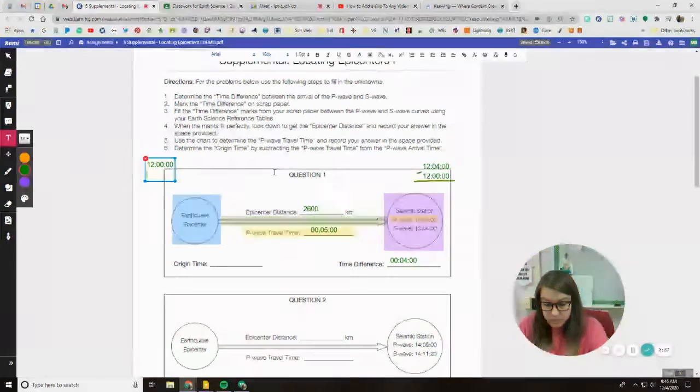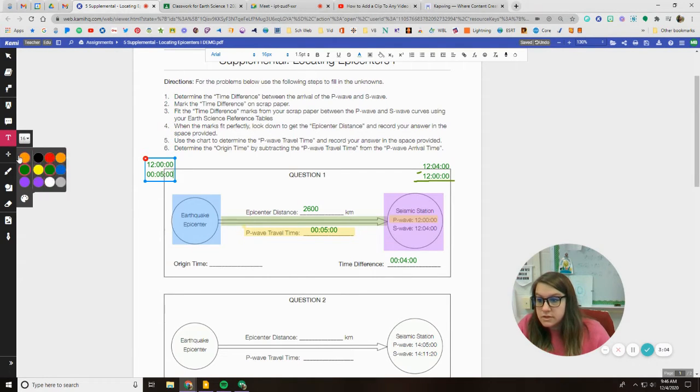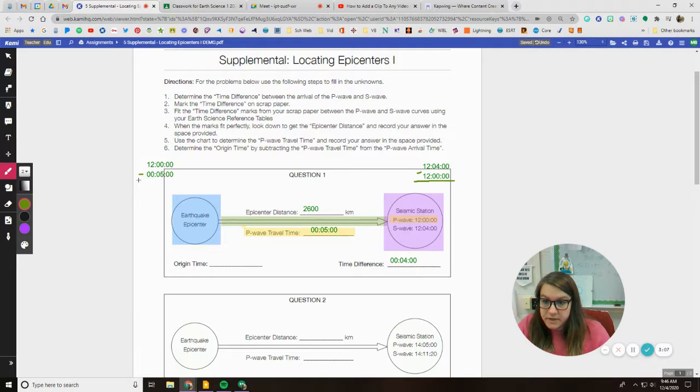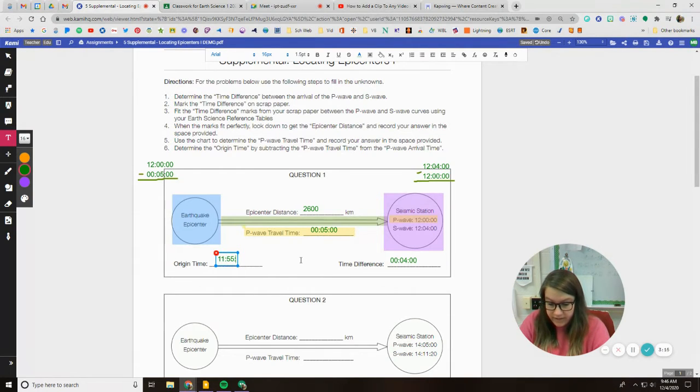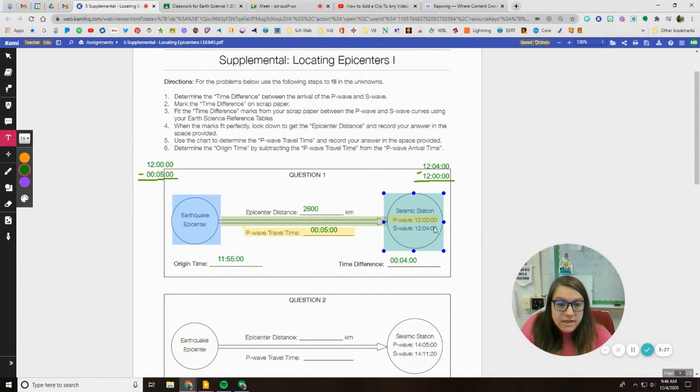You are going to subtract the 5 minutes it took to get there. If you are smart and savvy and you just count backwards from 12 o'clock, it would have been 11:55. They didn't use AM or PM, so you don't know which it is. That would be the origin time, because the origin time is always going to be earlier than the time it showed up at the P wave or S wave or at the seismic station.